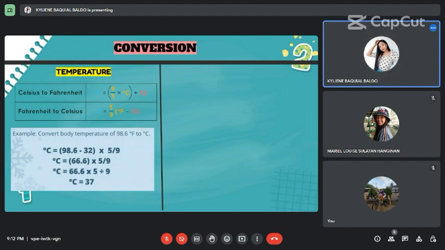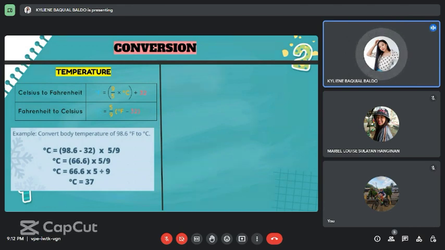The formula will now become Celsius is equal to 98.6 minus 32 times 5 over 9. 98.6 minus 32 is equal to 66.6.